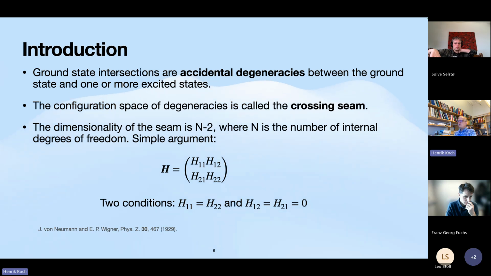This is also why there is almost no chance to have a conical intersection in a diatomic molecule, because there you only have one dimension to vary. But for systems with more atoms, so more degrees of freedom, these degeneracies are widely spread.